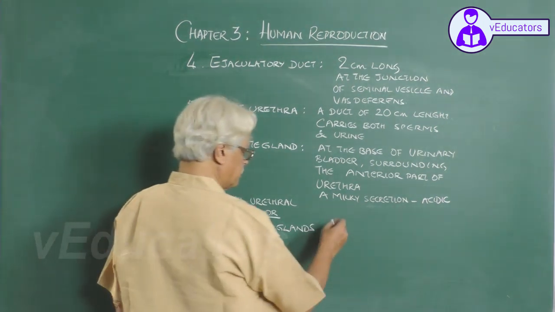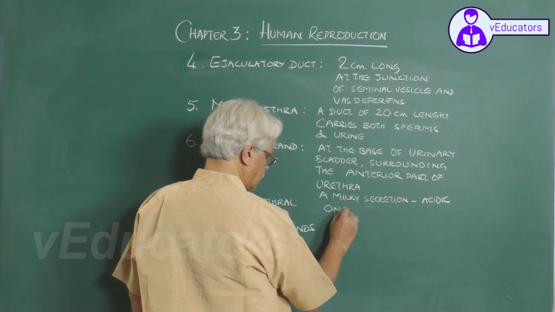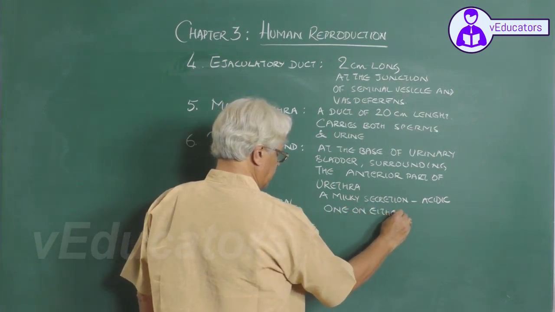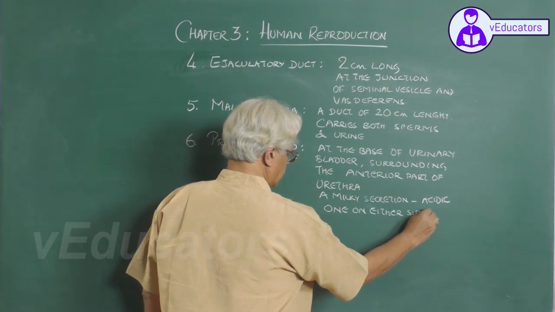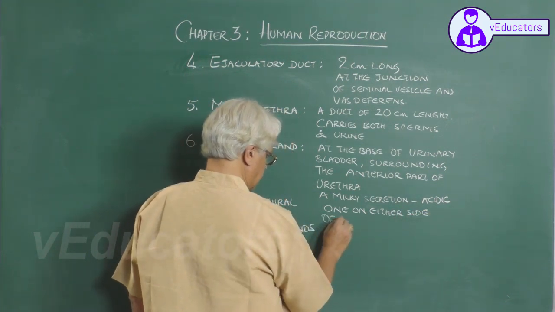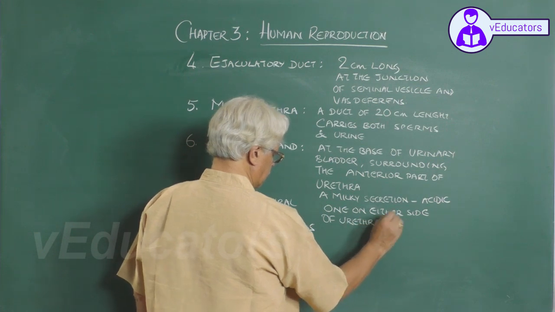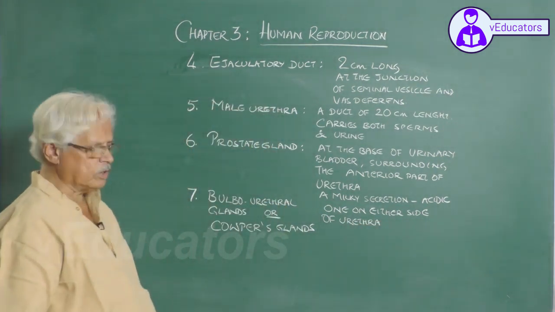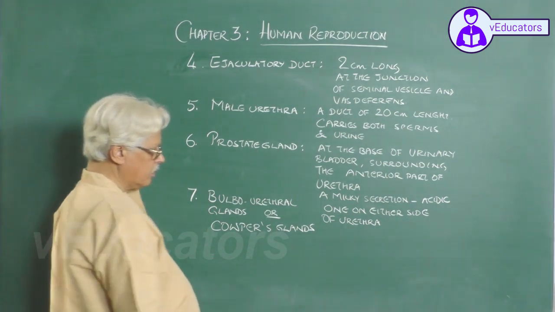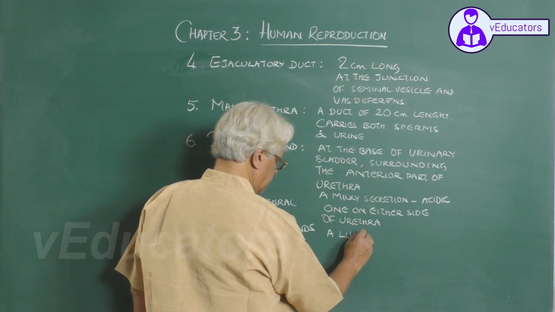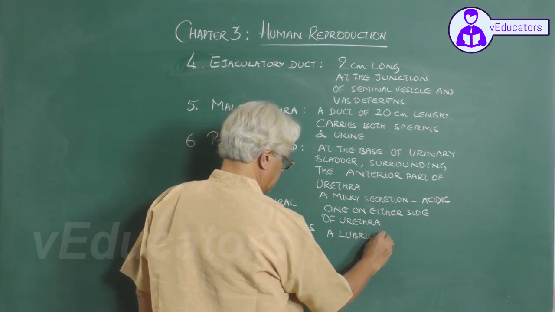They are situated one on either side of urethra, and they produce a lubricating fluid.